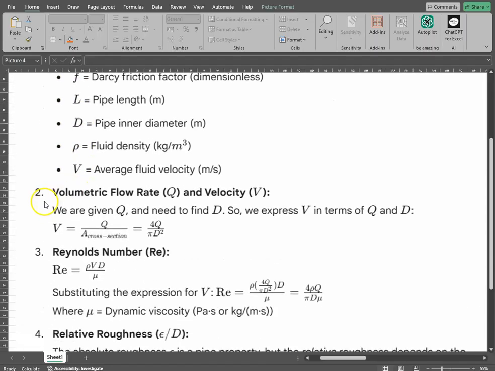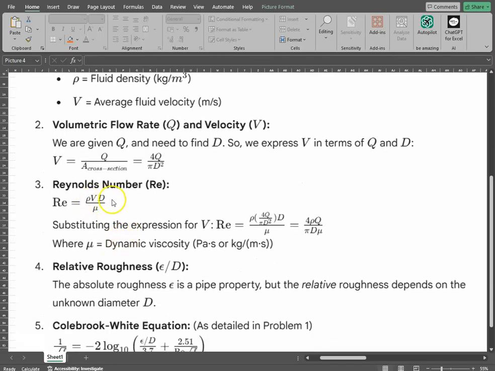Then we relate volumetric flow rate Q and velocity V. Here we are given Q and need to find D, so we express V in terms of Q and D. V is Q divided by the cross-sectional area, so V equals 4Q by pi D squared. Now the Reynolds number is rho V D by mu.